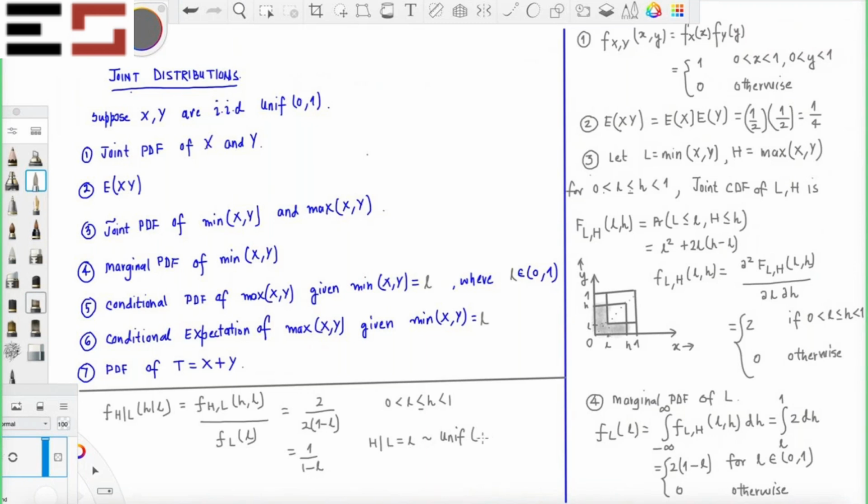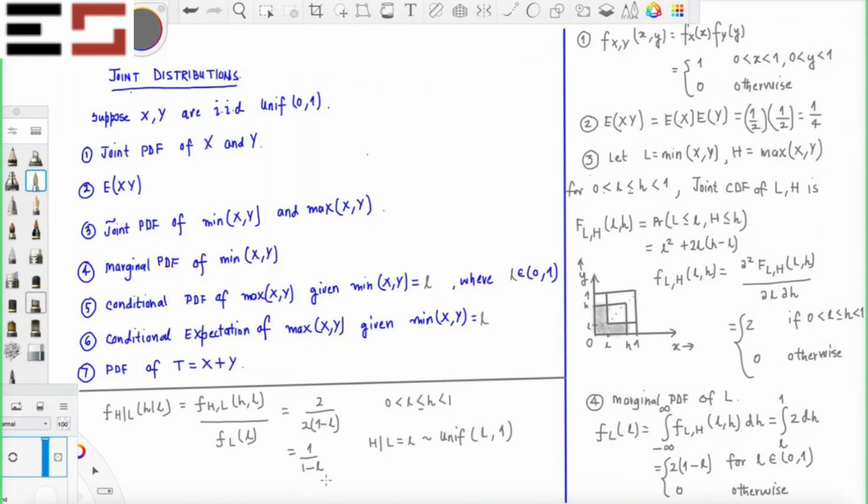This is uniform distribution, right? From L to 1. Because it's just going to be this, which depends on this constant L, and it's a constant number. So since the density is constant over L to 1, it's uniform distribution over L to 1.